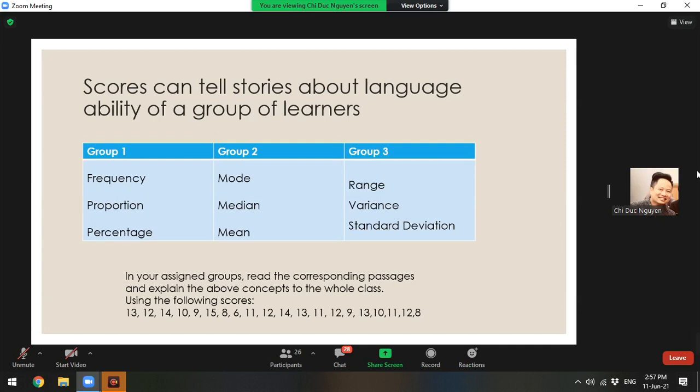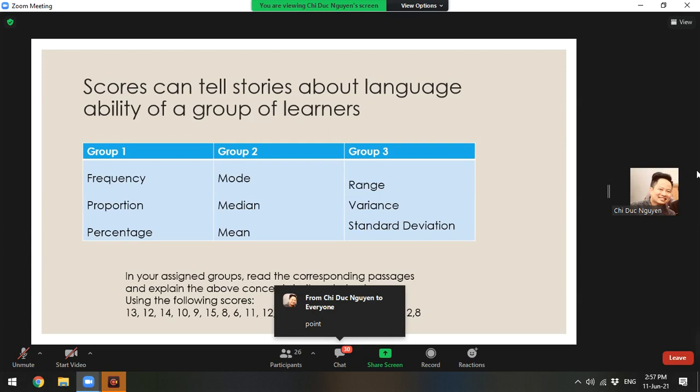So the median is going to be somewhere between 11 and 12, because this point divides the group into 2 halves, because we have 20 students.